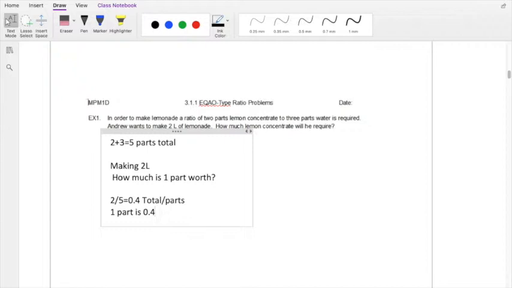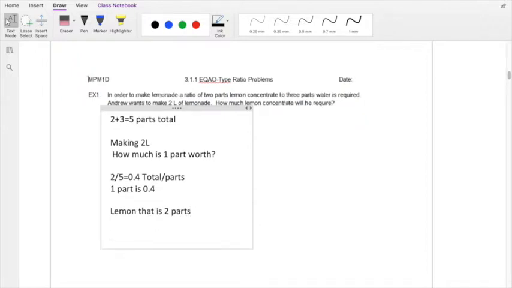Now it's asking for how much lemon concentrate we need. So we need lemon, and that is 2 parts. So we take our 2 parts, and we're going to times it by how much 1 part is worth. 1 part is worth 0.4. So that will tell us that we need 0.8 liters of lemon concentrate.